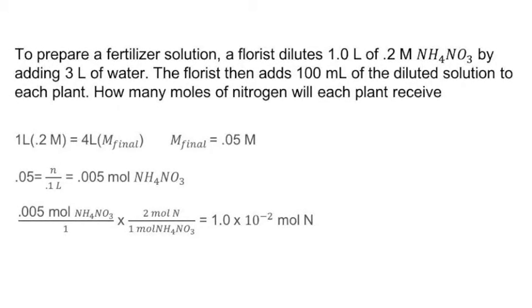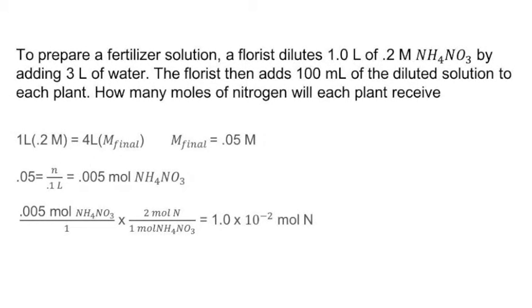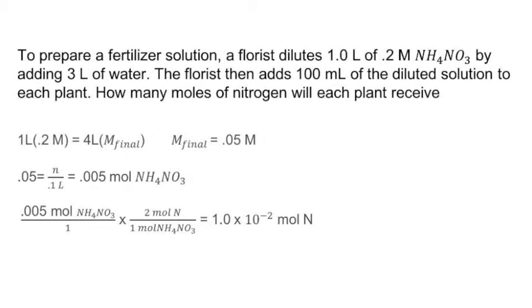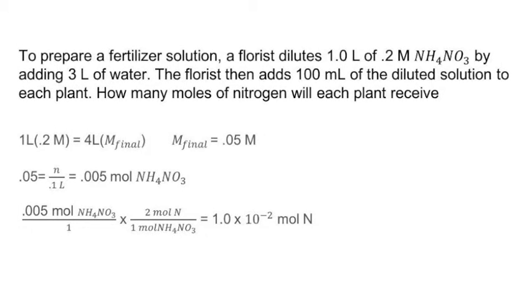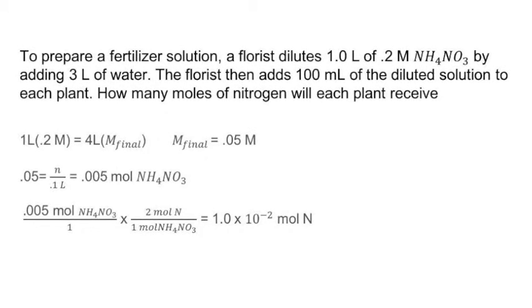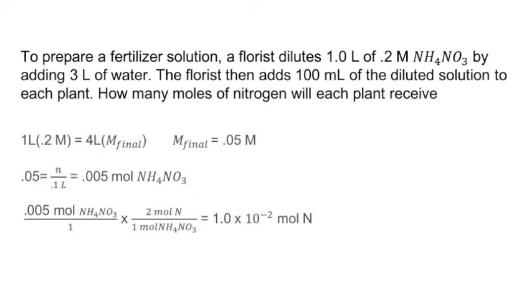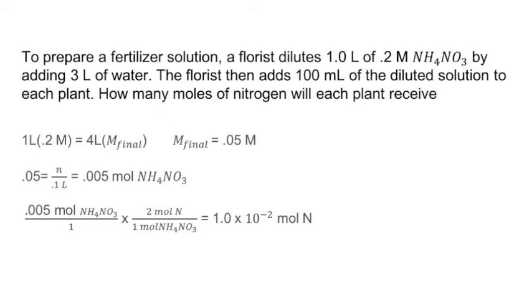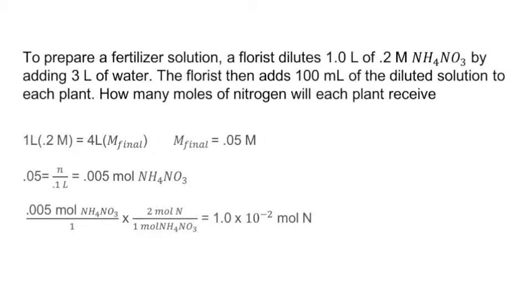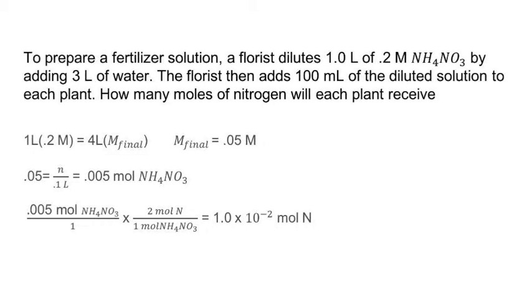So then we multiply 0.1 by 0.05, and we get 0.005 moles. So then we're trying to find the moles of nitrogen. So notice that there are 2 in the formula. So we multiply this answer by 2, and then we get 1 times 10 to the negative second moles of nitrogen, which we write that way so that we have our significant figures right.